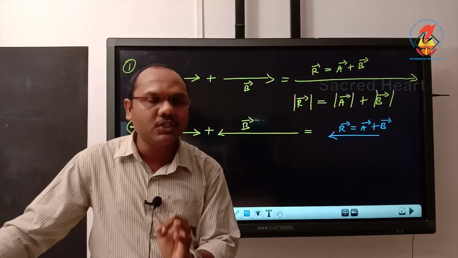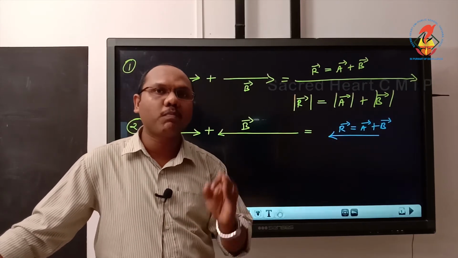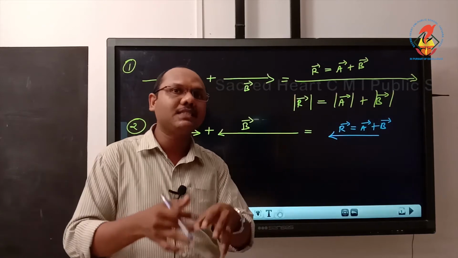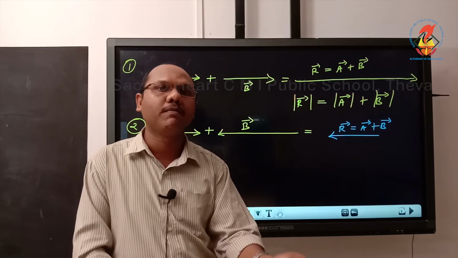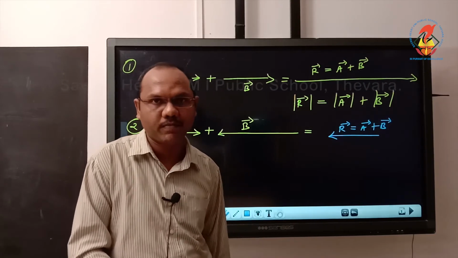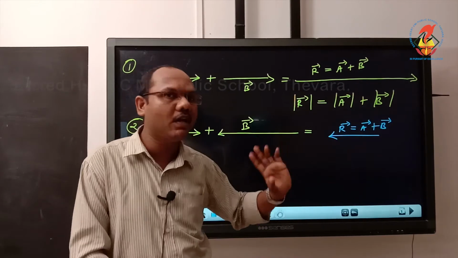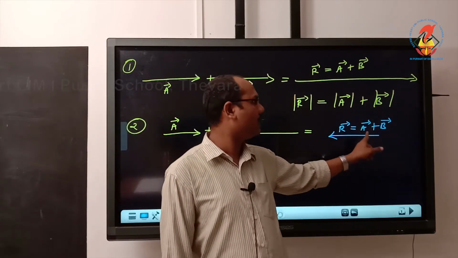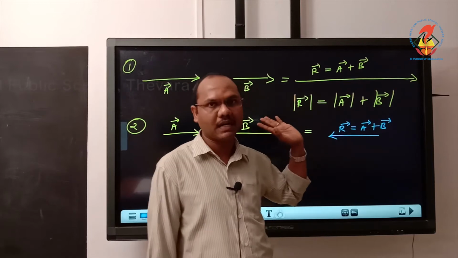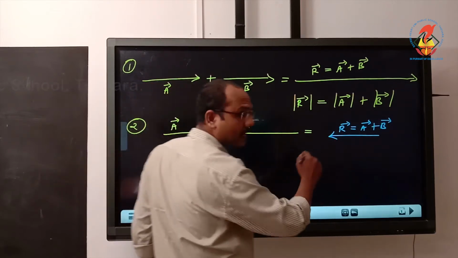In vector addition, if two vectors are in opposite directions, the addition is done by subtracting the smaller magnitude from the bigger magnitude. Okay, so the representation will not change. The representation will always come like this only: vector A plus vector B is equal to vector R.